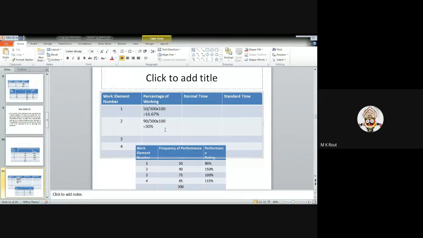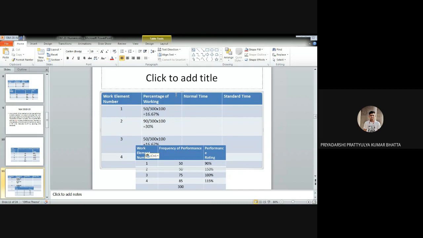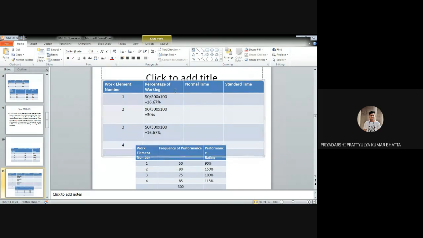Priyadasi, what is your answer for the second one? Sir, second one 30%. Okay, moving to the third one. The third one is 25, that is 75 divided by 300.